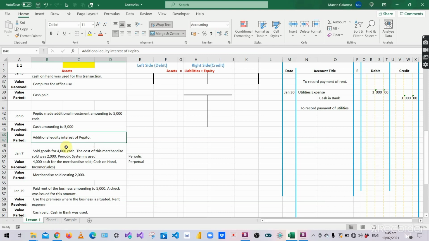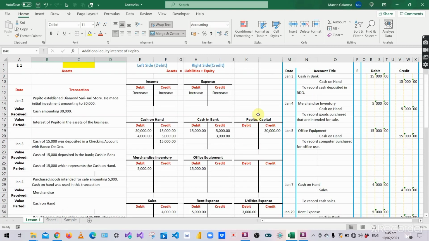So, in case na si Diamond Sari-Sari Store magsara yung business, kailangan niyang ibalik yung interest ni Pepito, which is represented by the owner's equity. Sa accounting na ginawa natin, represented siya by Pepito Capital.